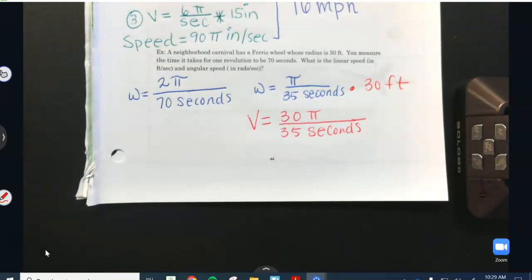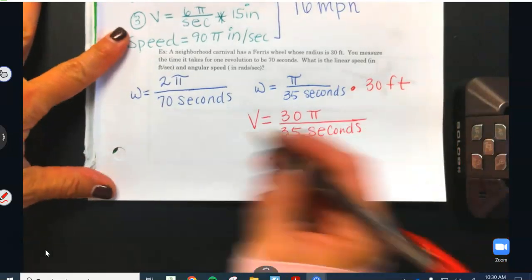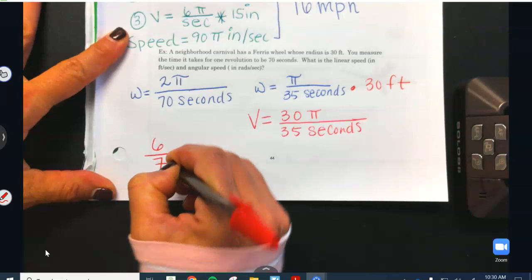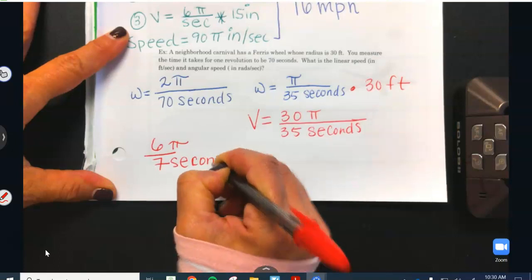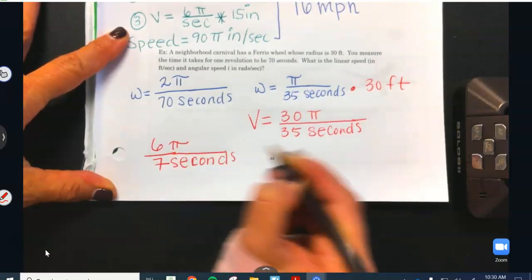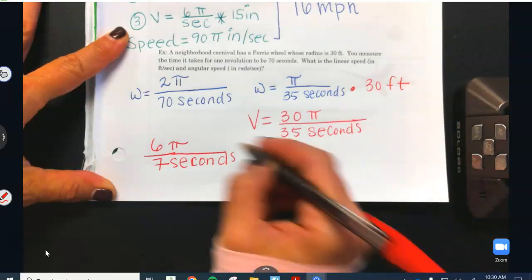What's 30 over 35 simplified to? Yeah, I know. Let's write 6 pi over 7 seconds. Actually, hold on, I'll show you. That feet is on the top.